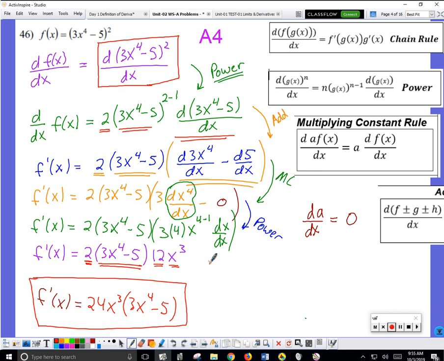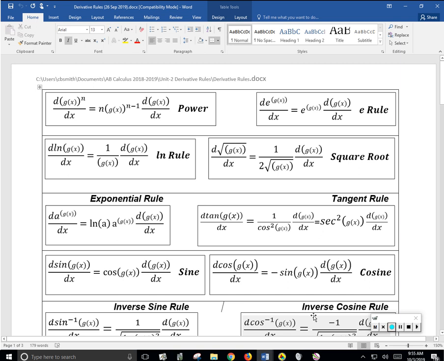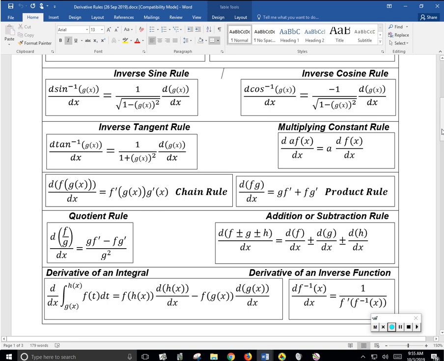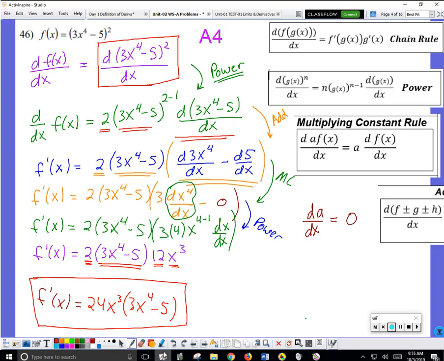Anybody else? Gracie, how did you get f of x and g of x? Oh, the power series. In the rules, you'll notice that there's lots of g of x symbols. Down towards the bottom, there's quite a few f symbols. There's an h symbol. Those don't ever match up exactly with whatever problem you're working on. They're just symbols representing something. As you work through the problem, what you think g of x should be will change.